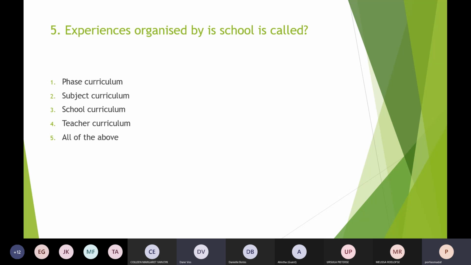All right. So what do you think, what is the most appropriate answer then if you look at the wording of the question? That would be the school curriculum, but each individual school doesn't have their own curriculum, because all public schools fall under CAPS, correct?